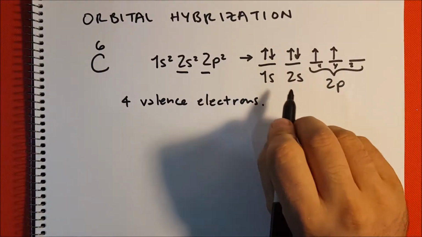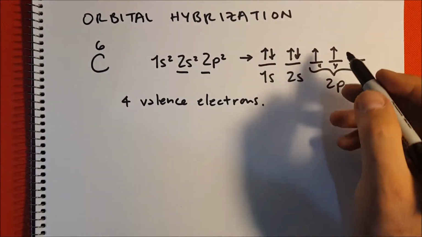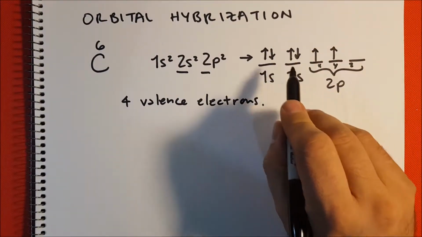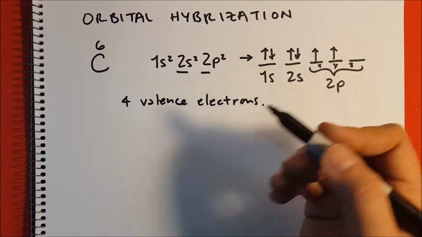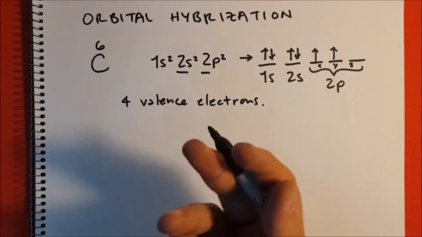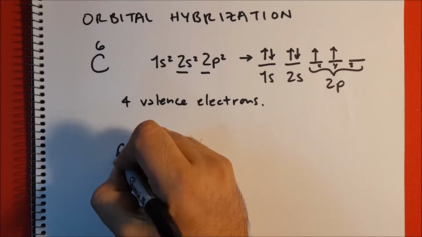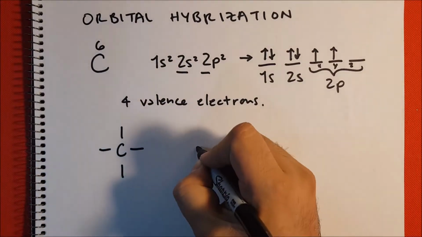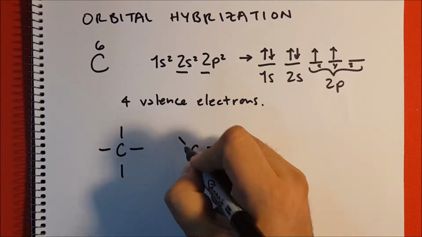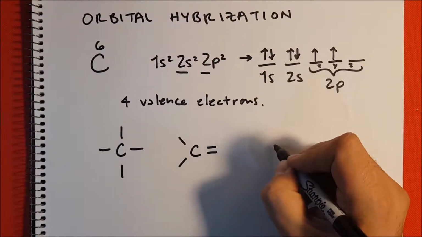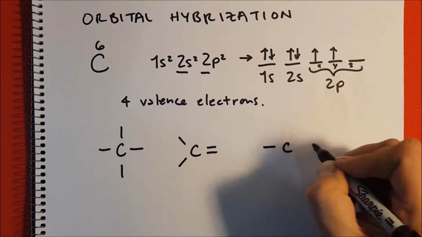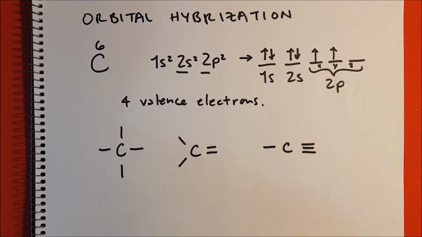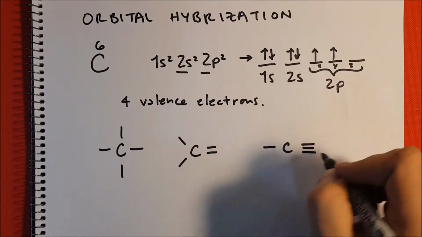So if we look at the highest shell, which is precisely 2s and 2p, we only have 4 electrons that are going to want to form a variety of covalent bond formations, maybe 4 single bonds, or maybe 1 double bond and 2 single bonds, or maybe even 1 single bond and a triple bond.